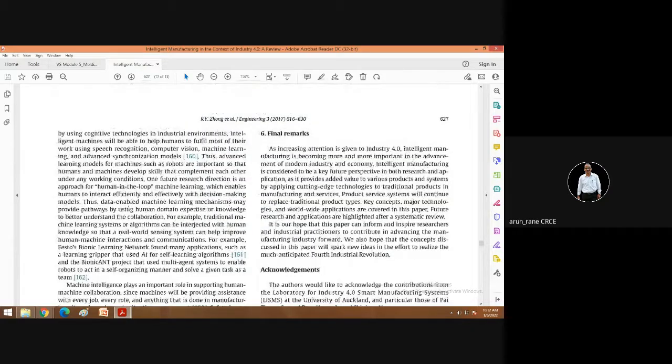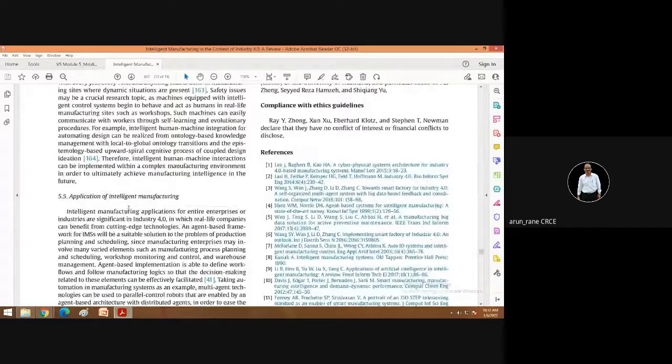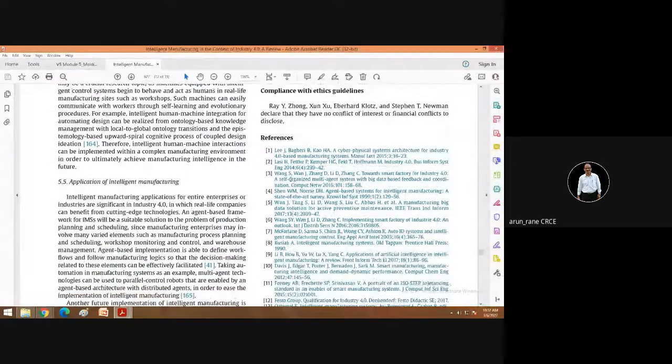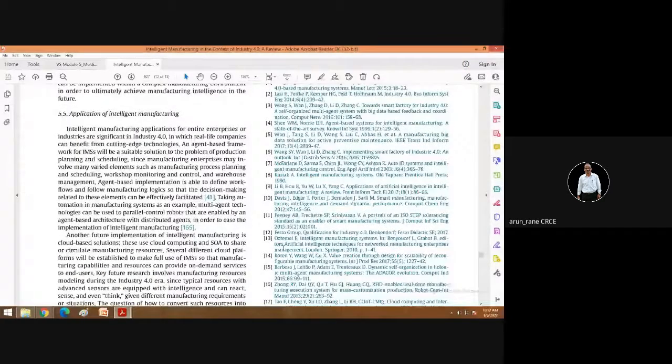And remember, the accuracy of the data is very important. These are the references. Whatever you write in your paper, if you have taken it from some other paper, then you have to give the reference of that paper.